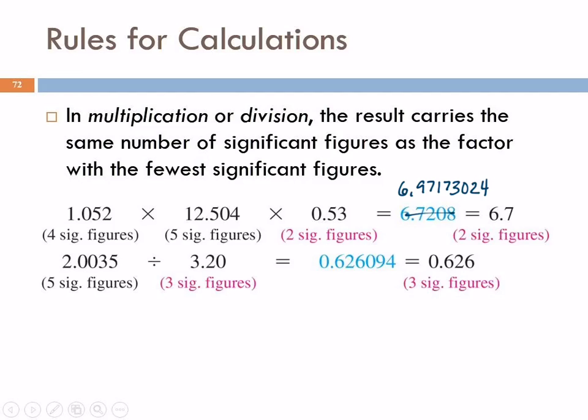So this is the hard part. You have to decide what number is smaller, 4, 5, or 2. 2's the smallest. That's how many sig figs your answer should have. So when we look at this number, we're going to start with this first non-zero digit, and that's 1, and we're going to keep the 9. The 9, that 10th place, is estimated.